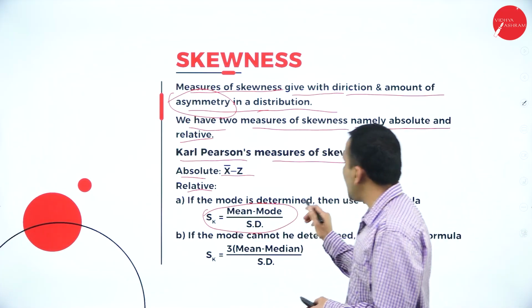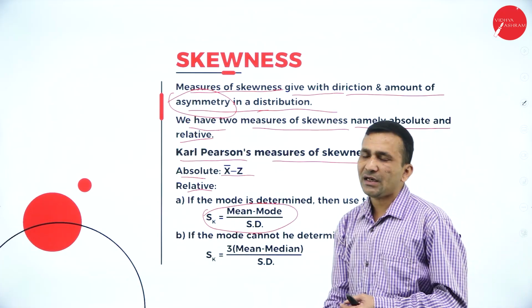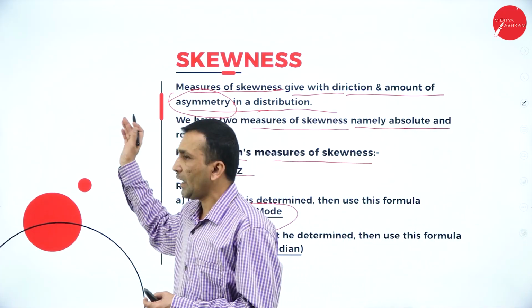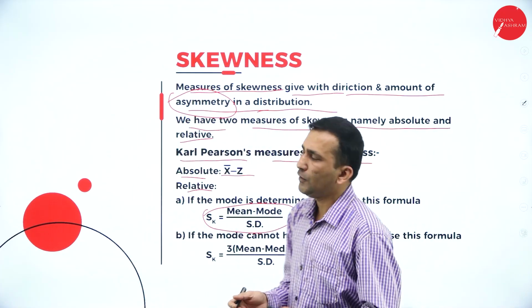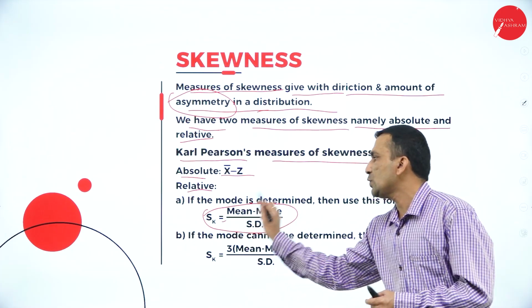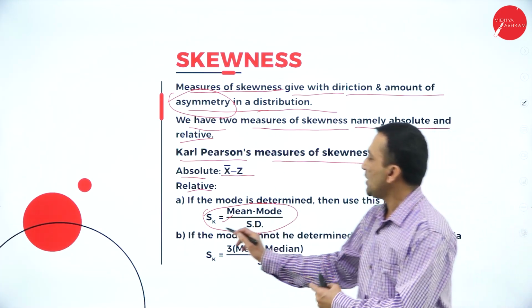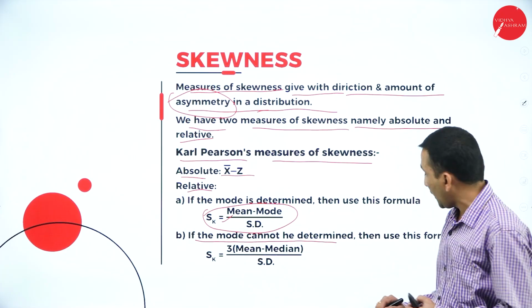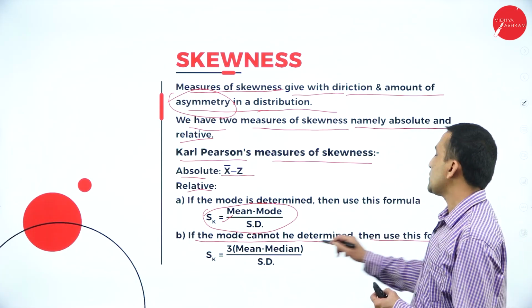If the mode is defined in the set of data, and you are able to identify the mode value, then we use this formula. In case the mode cannot be determined, then use this formula.